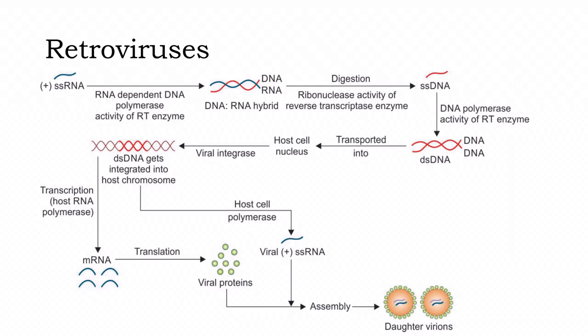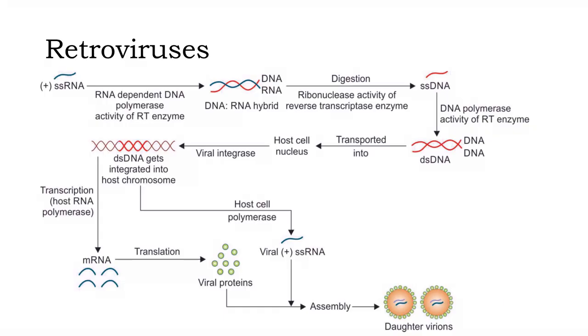Retroviruses have a beautiful mechanism of replication. They have a single-stranded RNA, which has to be converted into a DNA-RNA hybrid because it has to fuse with the host cell and slowly remain in latency for some period.